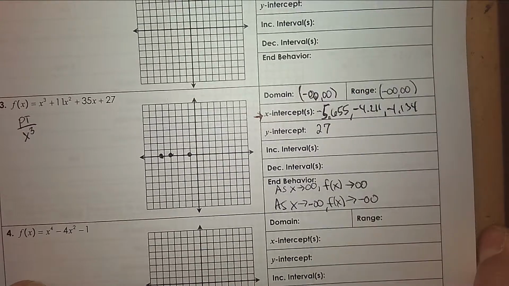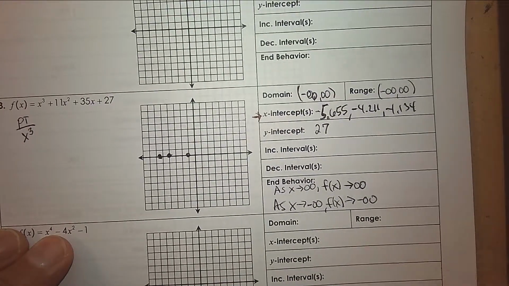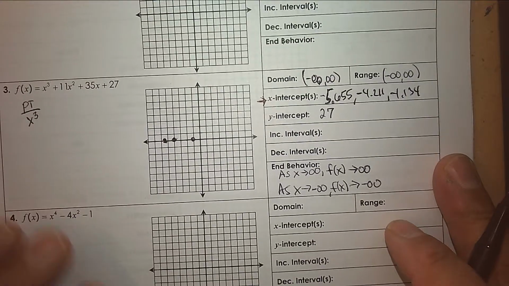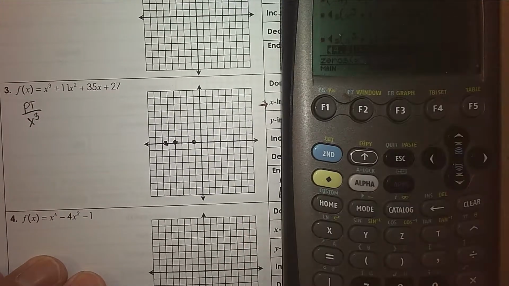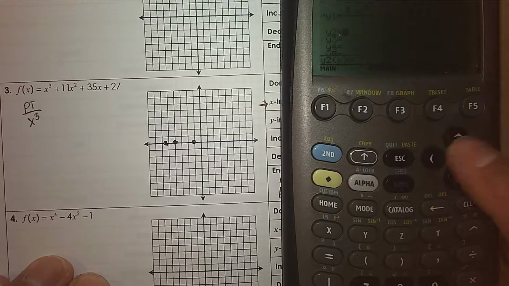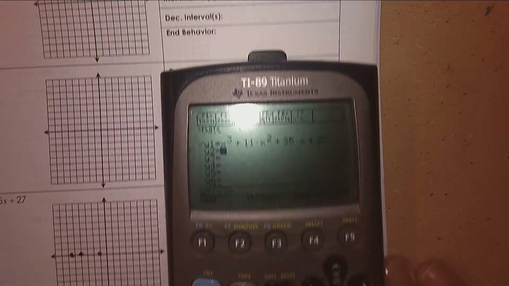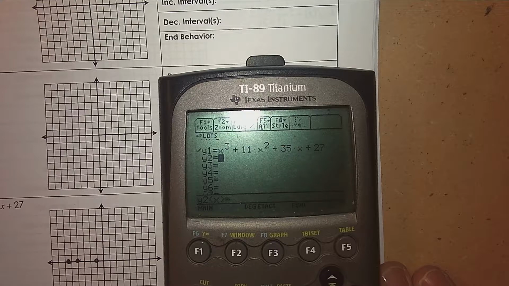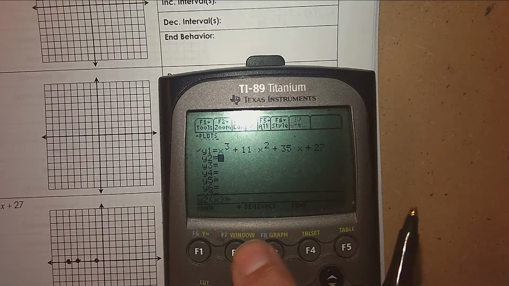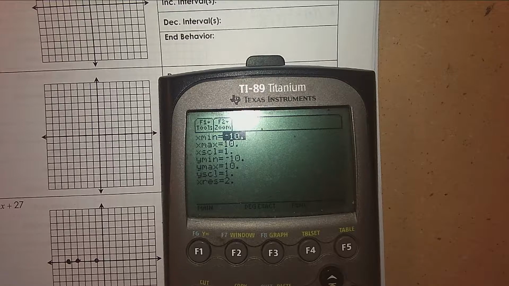Do you remember how we find the turning points? So, if I put this in my calculator, x cubed plus 11x squared plus 35x plus 27, so diamond F1, and put it in, then let's see what the standard window gives me.